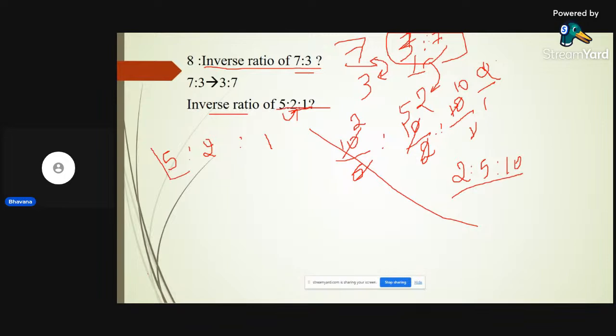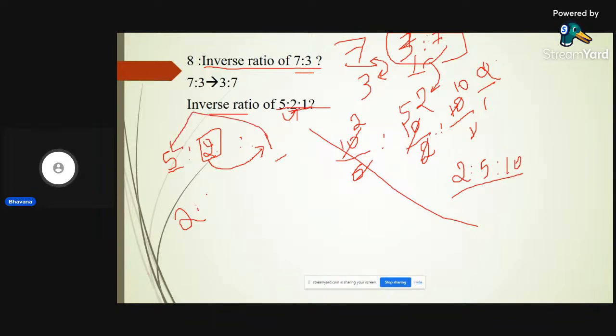First ignore the first value and multiply the other two: 2 into 1 is 2. Now ignore the middle value. The remaining values are 5 and 1, so multiply these two.